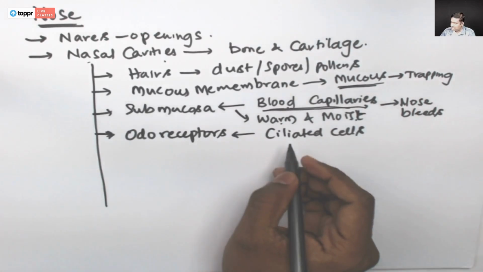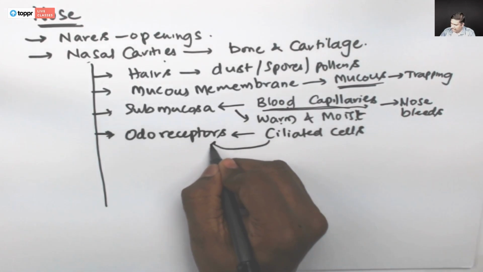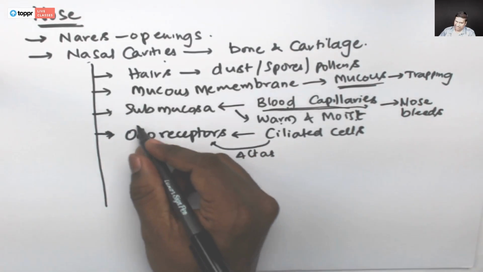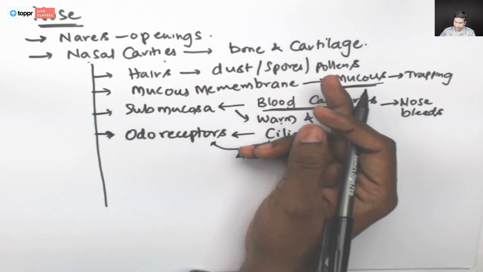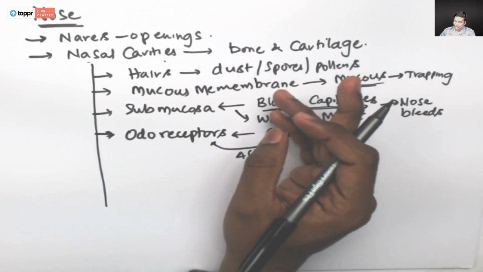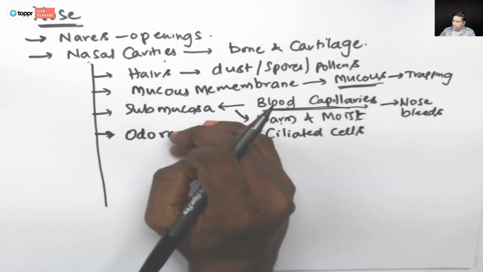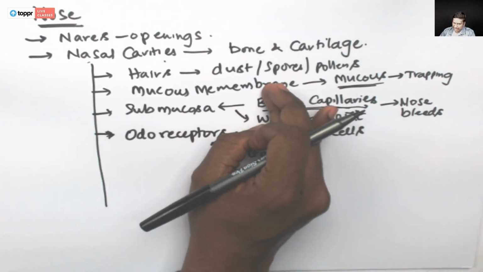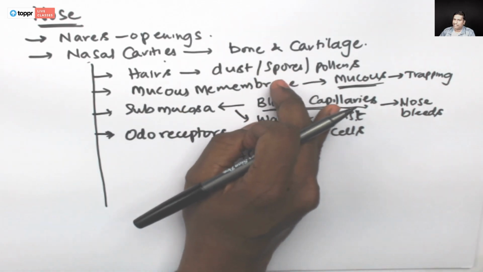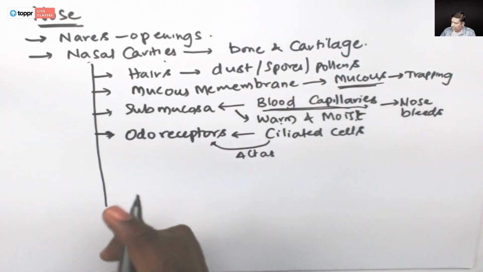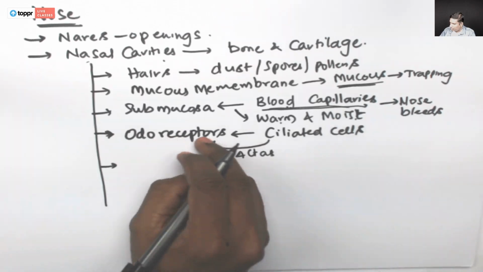These ciliated cells act as odoreceptors, and they are directly connected to your brain, and the brain will perceive the signal coming from the odoreceptors as smell. Whatever signal the odoreceptors send, the brain will convert that into the signal of smell.